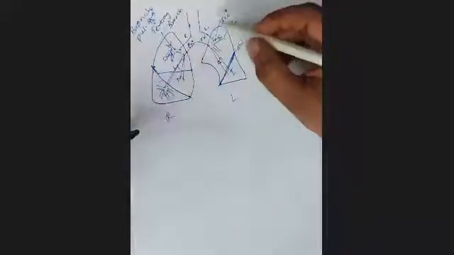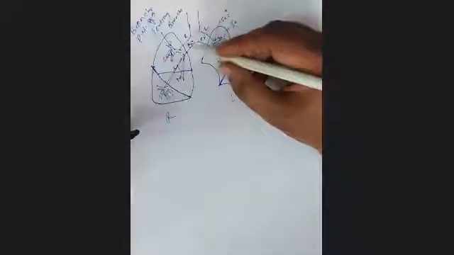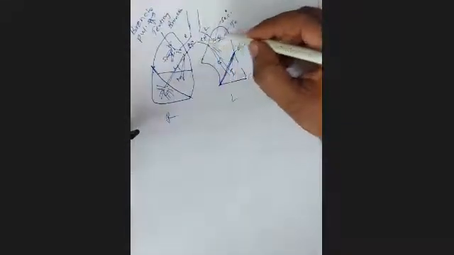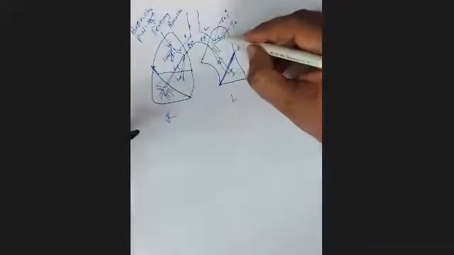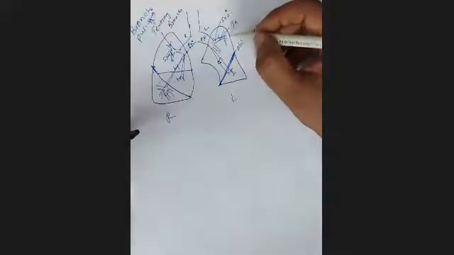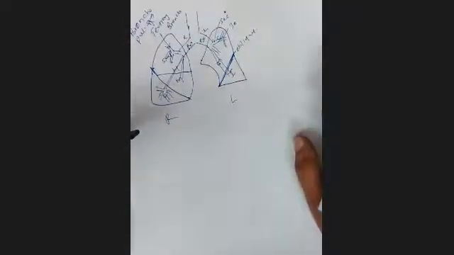These tertiary bronchi supply the bronchopulmonary segment. That means primary bronchus supplies the lung, secondary bronchus supplies the lobes, and tertiary bronchus, which arise from the secondary bronchus, supply the bronchopulmonary segment.